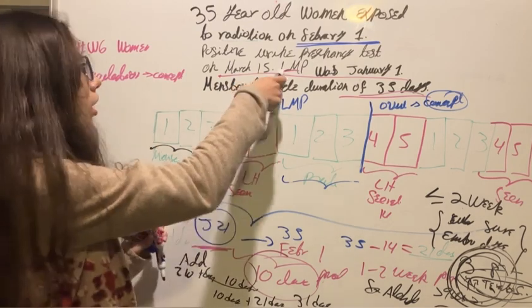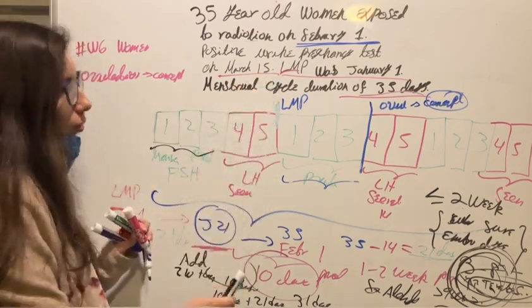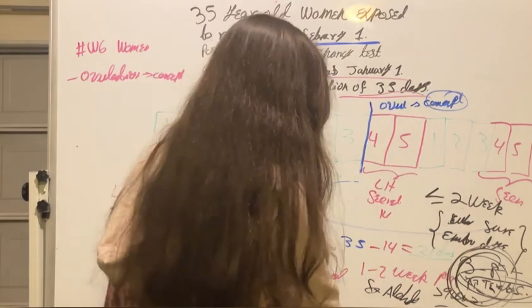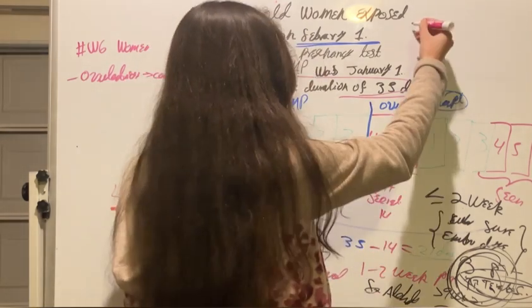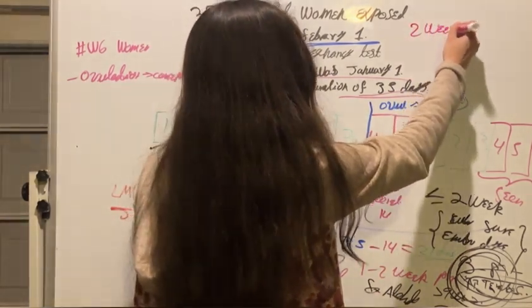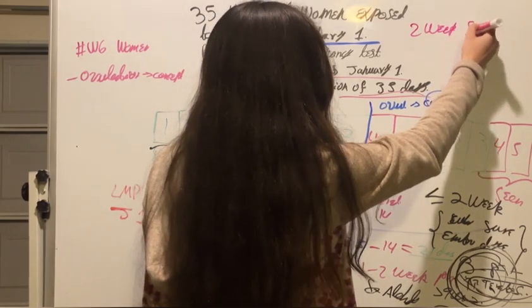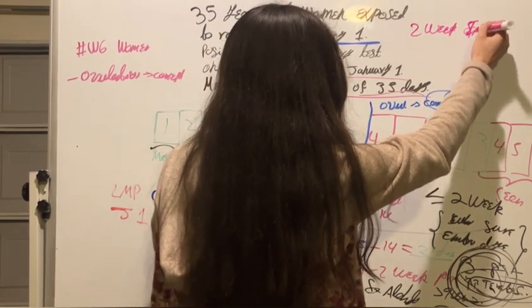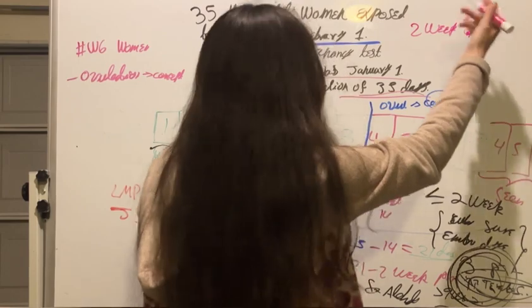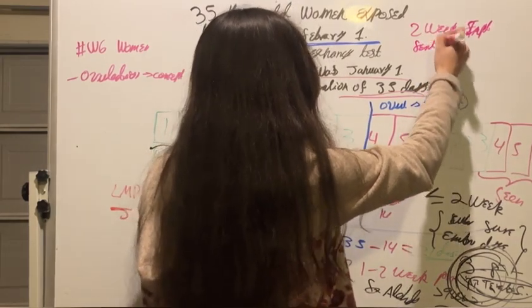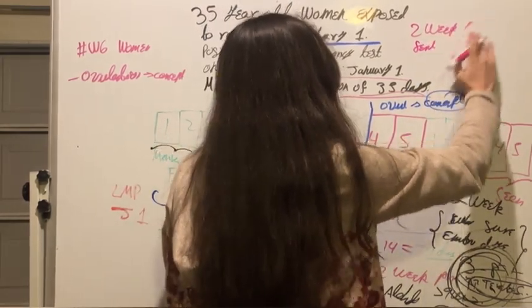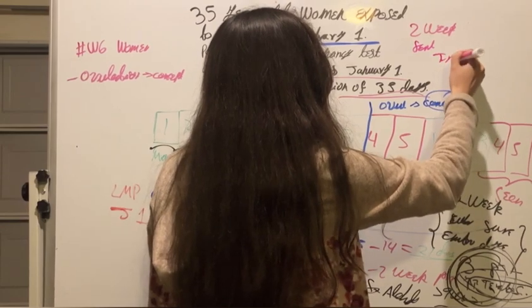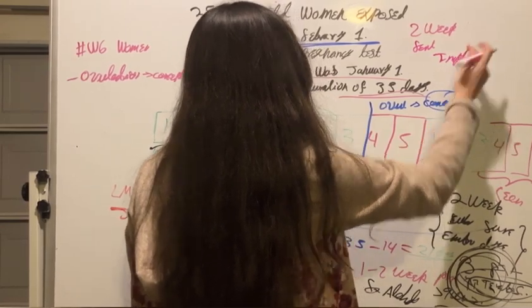So the urine pregnancy test is positive 2 weeks after implantation, or 2 weeks after fertilization, which is when the implantation of the placenta starts.